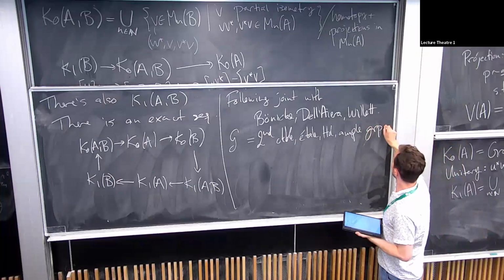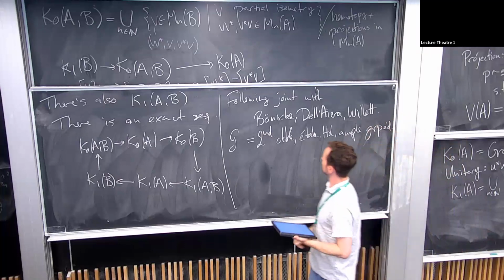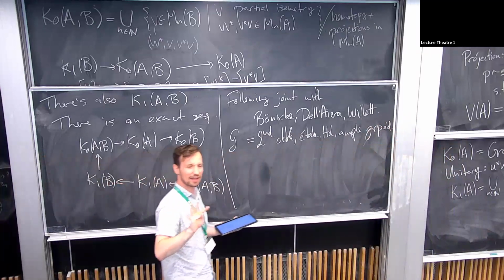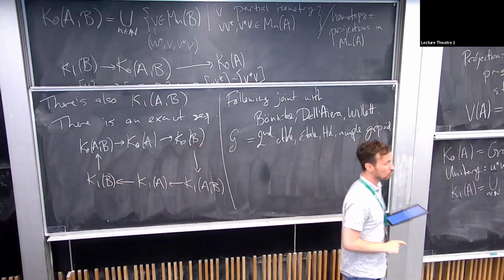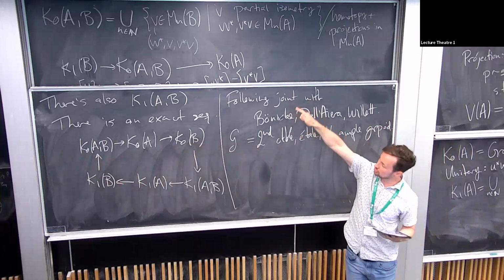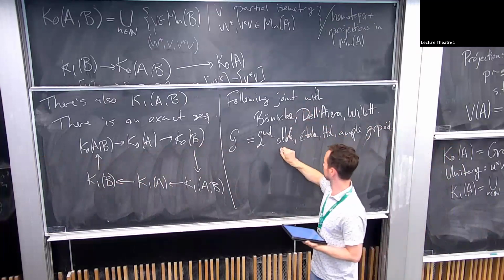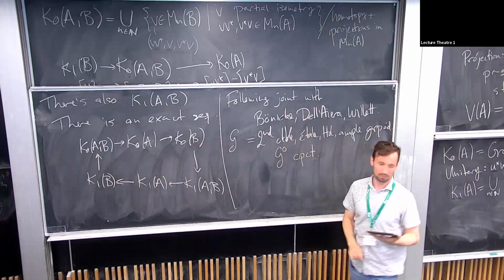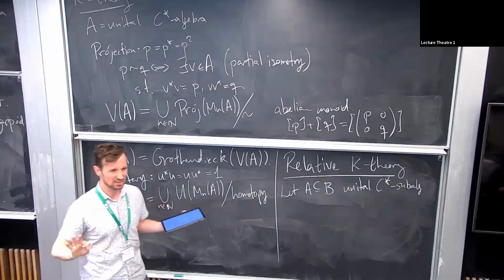And just to make our lives easier, because I only described the case where we had a unital subalgebra, I'm also just going to assume that the unit space is compact, but this is really not necessary.